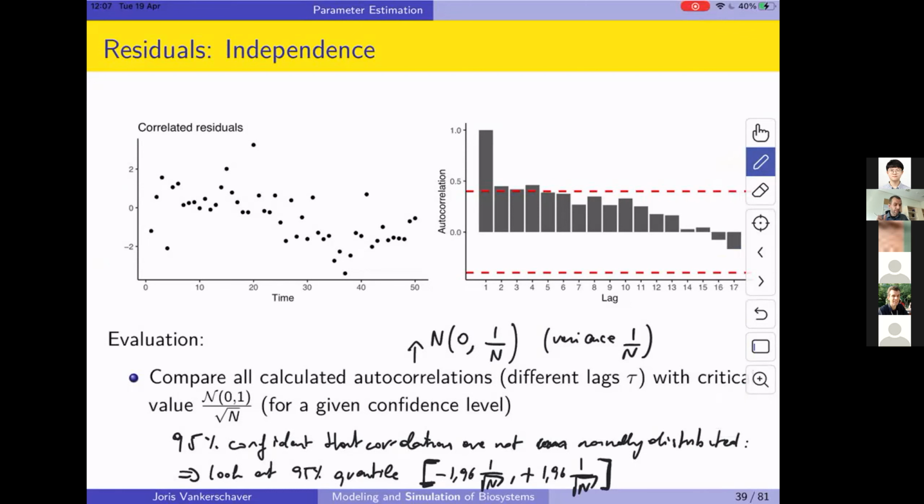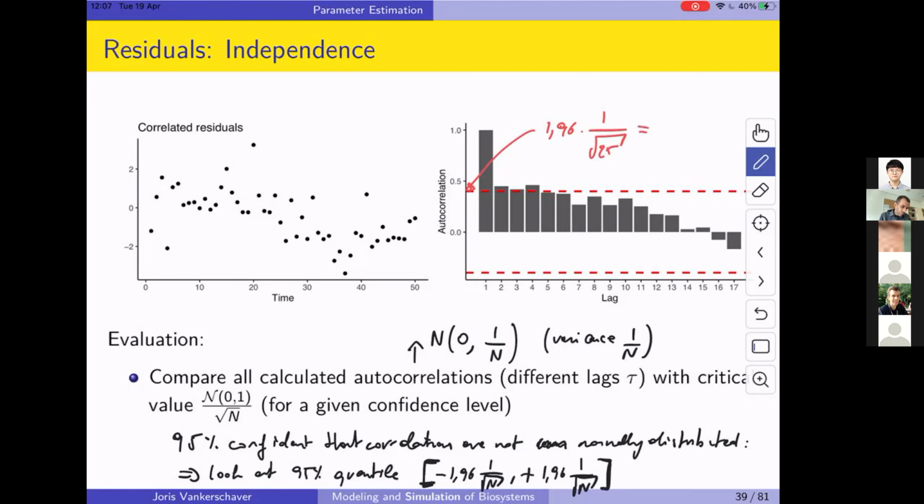Then I can look at that interval and count how many autocorrelations I see outside of it. That's what the red bands indicate on the plot. This bound is 1.96 times 1 over the square root of the number of observations. I think I had 50 here. No, I had 25.